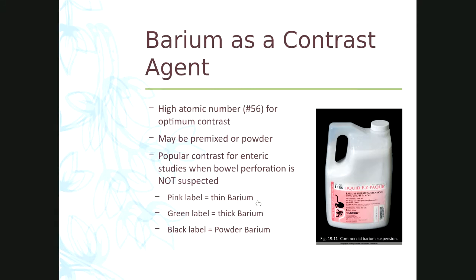So it's completely dependent on how the radiologist likes his contrast mixed as to what we do, or it is possible that we just always go with the standard pre-mixed solution. If it's single contrast, then we typically use the thin barium, and if it's double contrast, we use the thick so that it actually sticks to the mucosal wall.